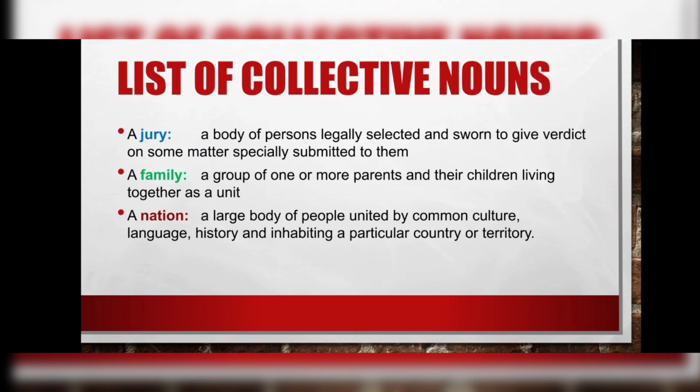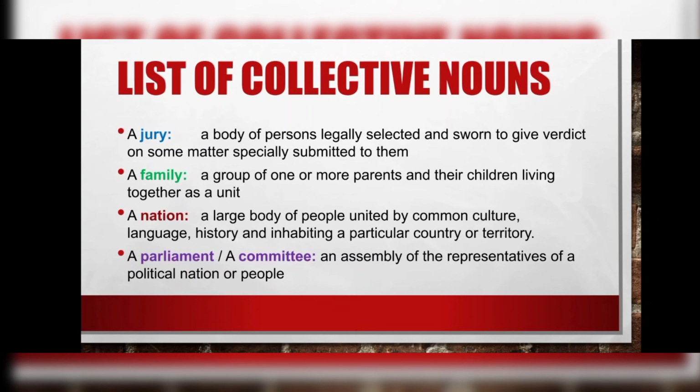We do not say that this nation are really very patriotic, because nation is also representing the group or the large body of people who are considered as one whole. So here is an example of a parliament or a committee. This is an assembly of the representatives of a political body, a nation or a people, those who set rules or laws for the country, right?